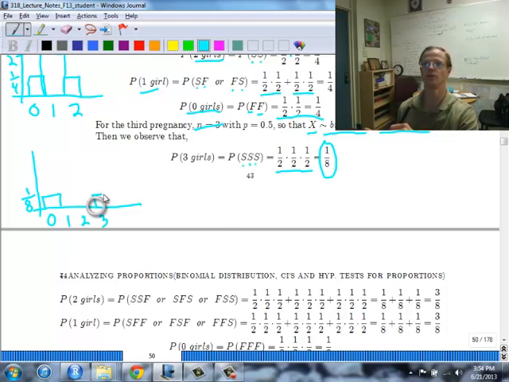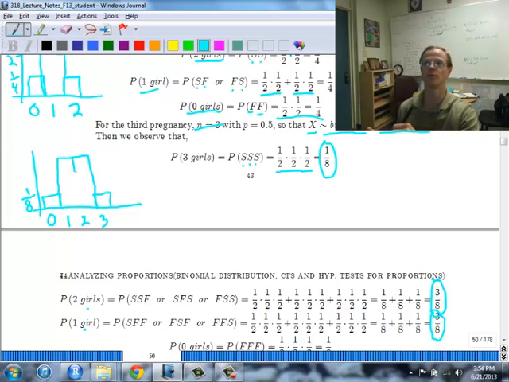When you look at the case of 3 boys, it's going to be boy, boy, boy, same 1/8. When you go to the 2 girl case, check it out. We're going to wind up with 3/8. Please confirm. The 1 girl case is symmetric to it, 3/8.